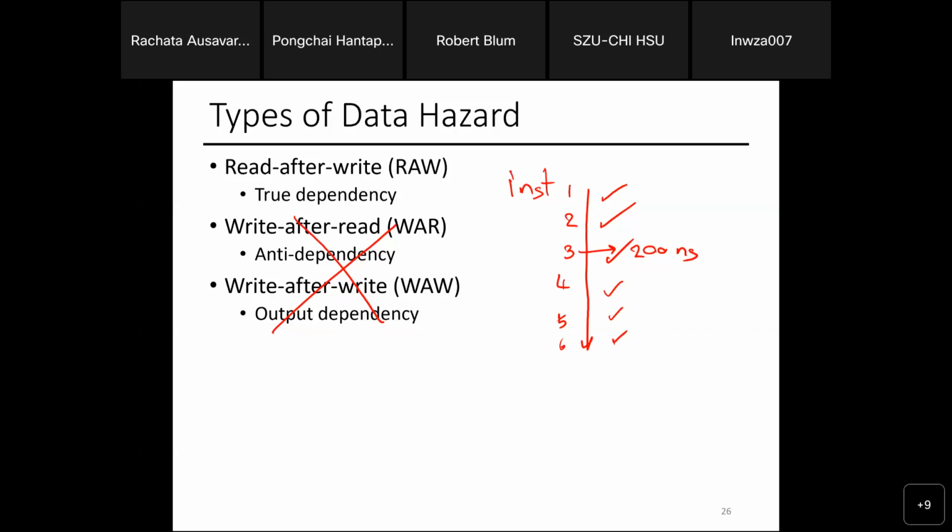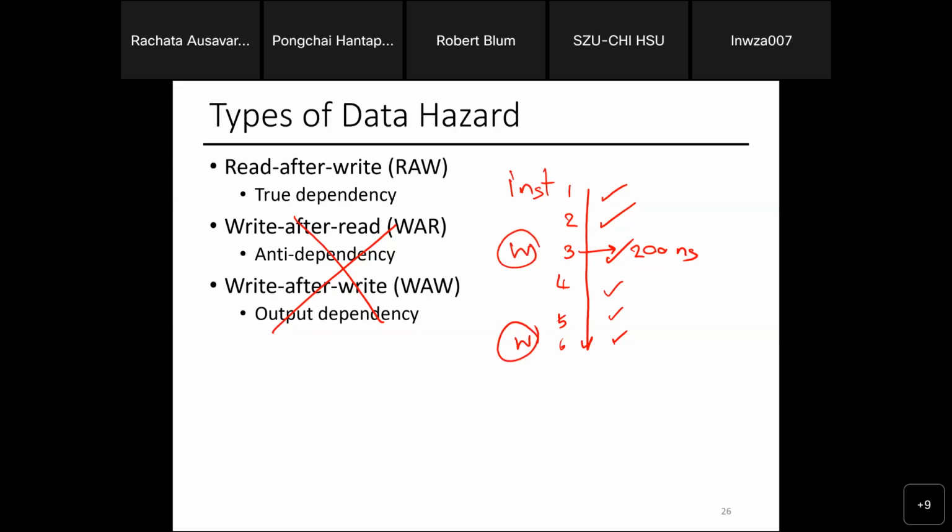From the programmer point of view, again, it's weird, right? You need to ensure in order write back. But internally, we do a lot of this. When you do this, you have the 2 more data hazards, write after read and write after write. Because you can imagine, let's say this is also a write, but instruction 6 is the second write, but it just happens to finish first.